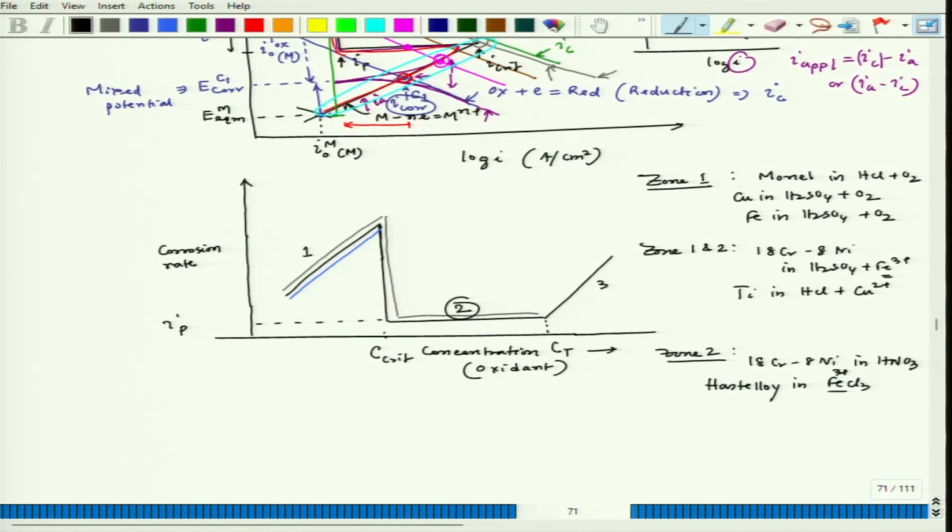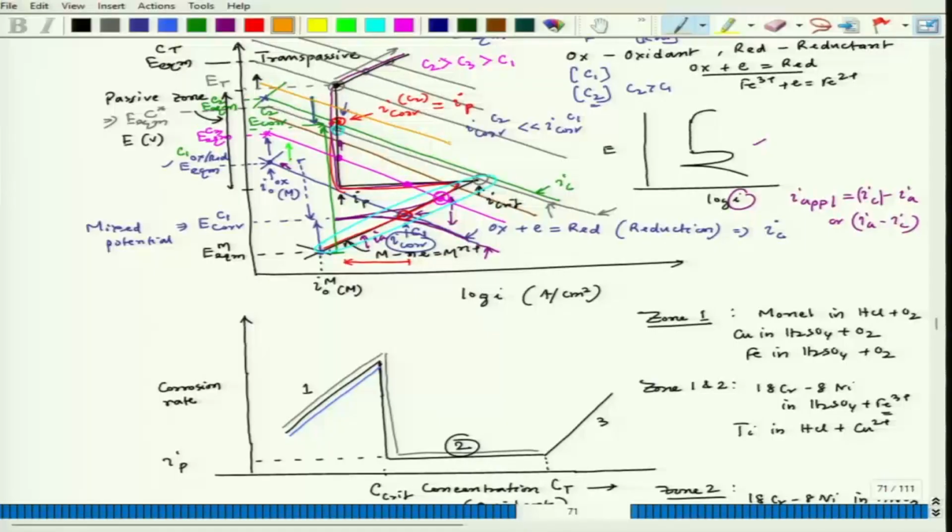That means that metal would be extremely resistant to those kinds of situations, and it will have a strong passivity. Now, we can actually have a situation where zones 2 and 3 are observed. This particular situation can come up in some metals and alloys which are quickly passivating, but this particular passivation stays very close to the transpassive zone.